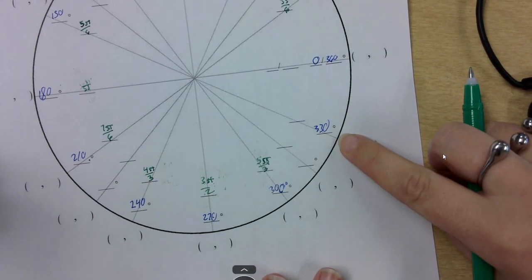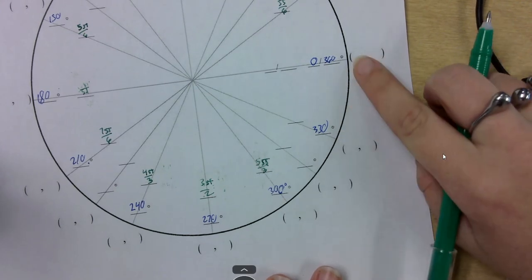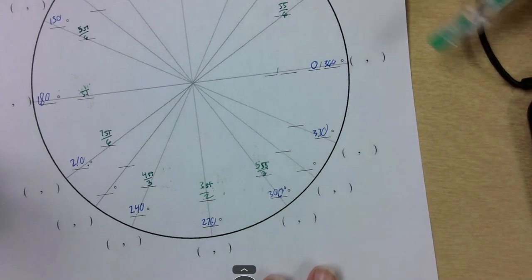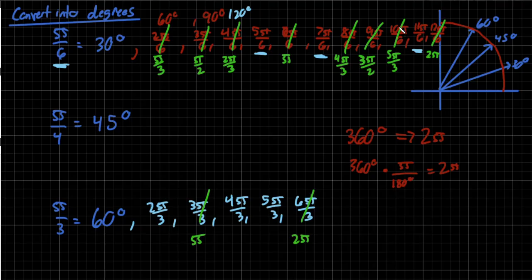I'm on this one. I'm going another pi 6. I'm almost at 2 pi. What would it be? Okay. So I'm at this one, 5 pi thirds, and I add another pi 6 to it. So where am I at?